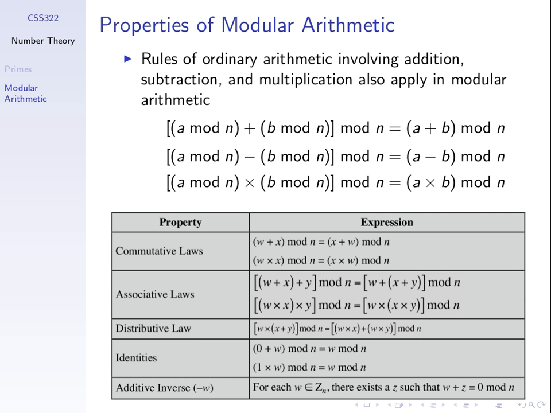And 11 mod 8 is 3. 15 mod 8 is 7. Which gives us 21 mod 8, which gives us 5.